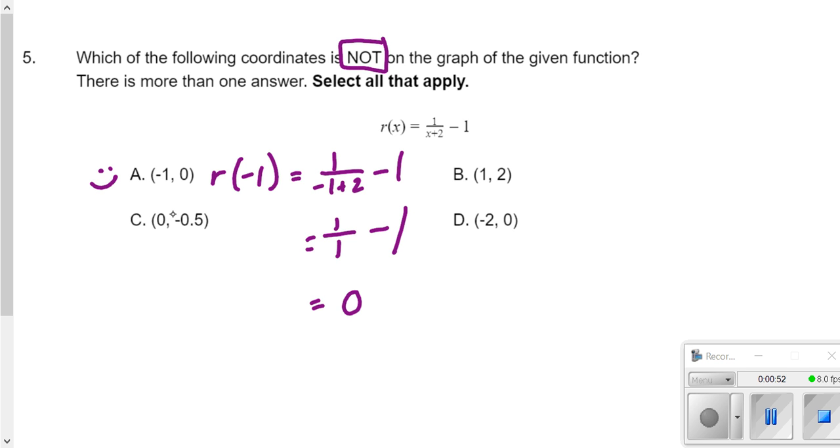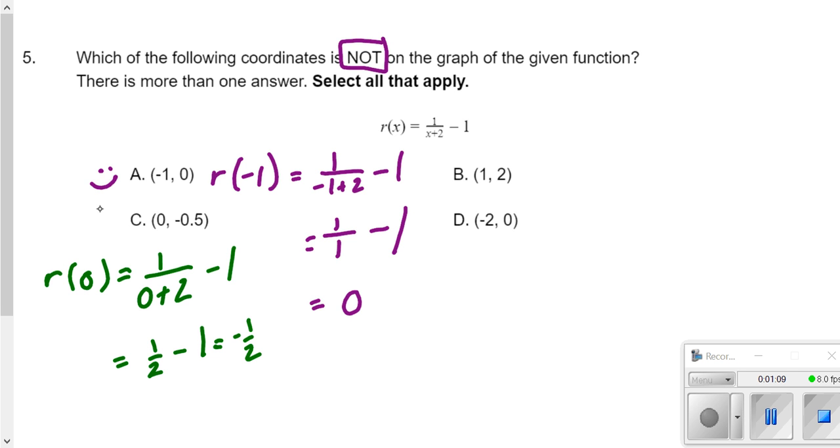Okay, they want us to pick the ones that do not work. Okay, I'm going to go underneath. So r at 0 would mean plug in 0 to the function. 0 plus 2 is 2, so I'd have 1/2 minus 1, which would be -1/2. That seems to be correct as well.